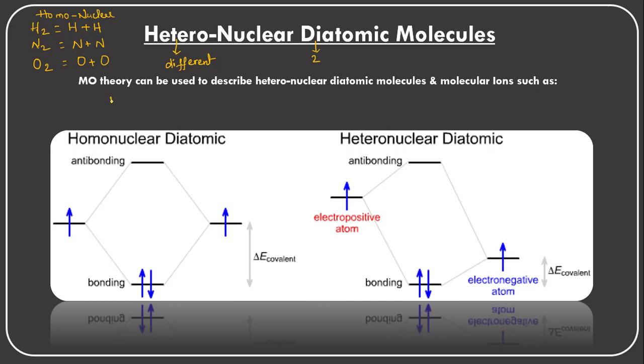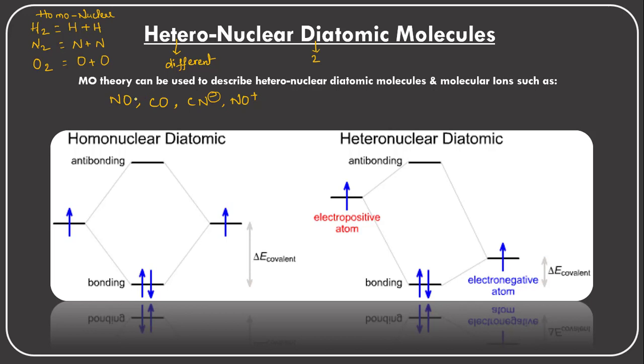such as NO, nitrogen monoxide, CO, carbon monoxide, CN minus and NO plus. If you see the NO molecule, nitrogen is one atom belonging to the nitrogen element, and oxygen belongs to the oxygen element.